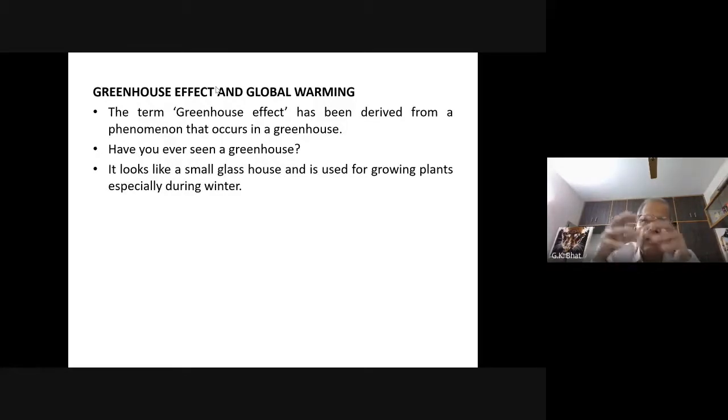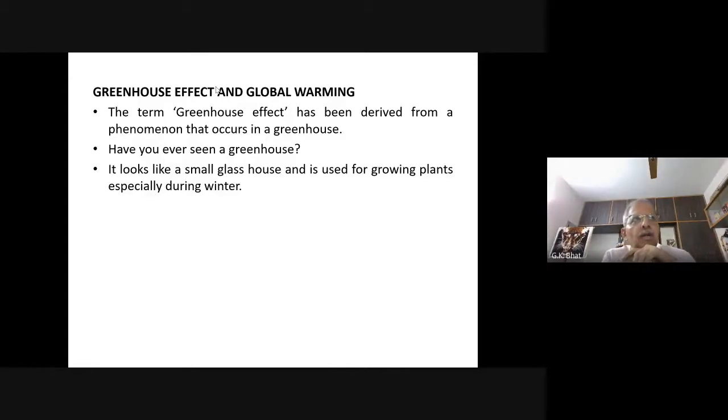So you can imagine what will happen when you enter the greenhouse. You will literally sweat. The term greenhouse effect is the same thing. Now, you might have heard, when you are feeling very hot, people start talking about the effect of global warming, global warming, global warming.